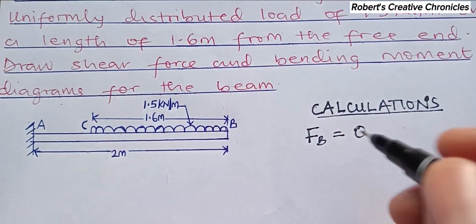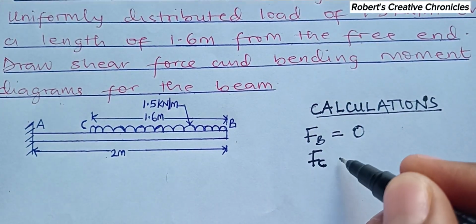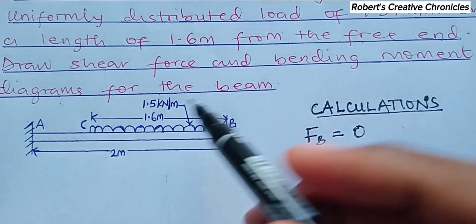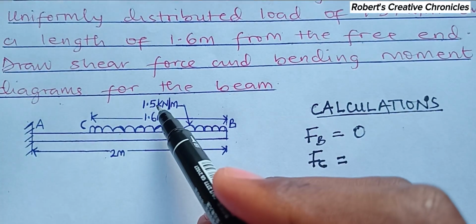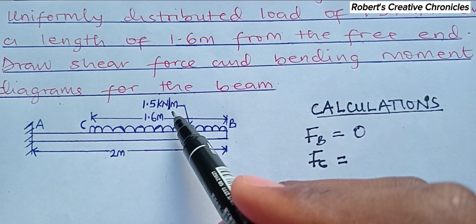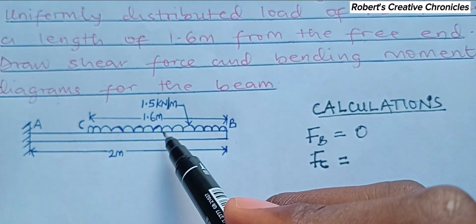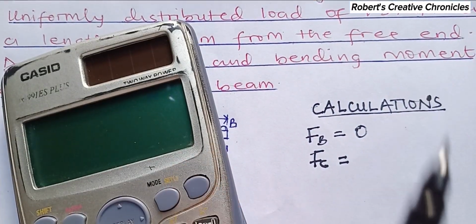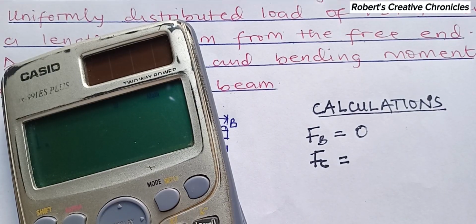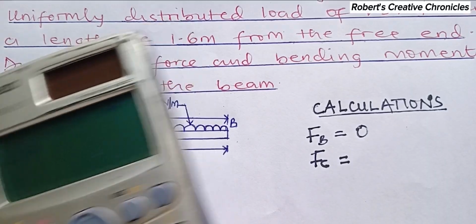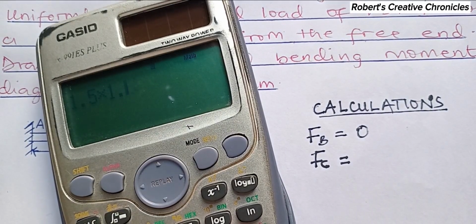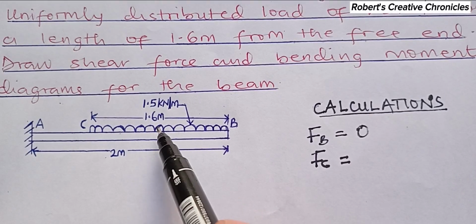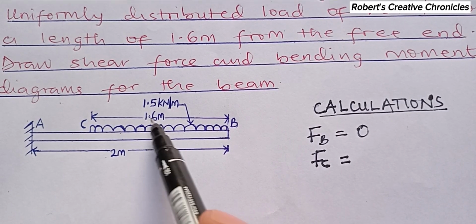So let's move to the next point, FC. Now, when we convert this UDL to a point load, that is by multiplying 1.5 times 1.6, this 2.4 kilonewton is acting at the center, that is 0.8 here, of this 1.6.